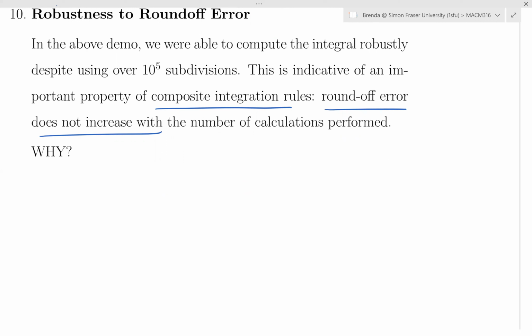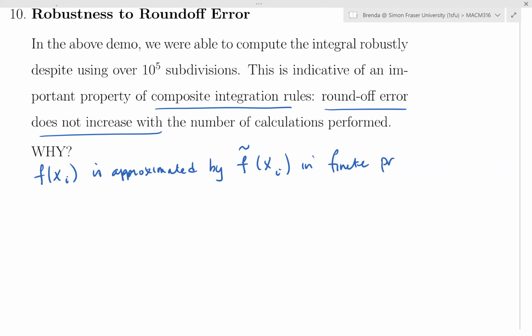Let us just say we've got a function evaluation, f at x_i, and we approximate that. This is the round off error. In finite precision, we make a function evaluation and we don't get exactly the value of the function at x_i. We get a small difference.